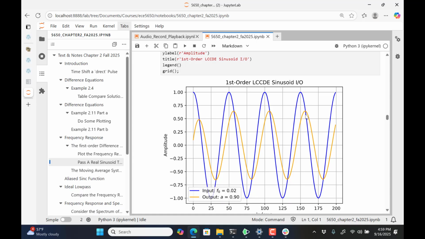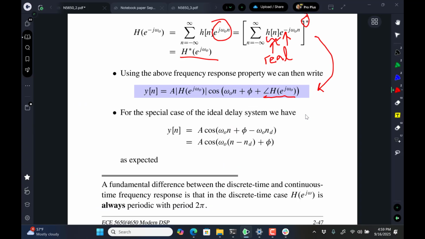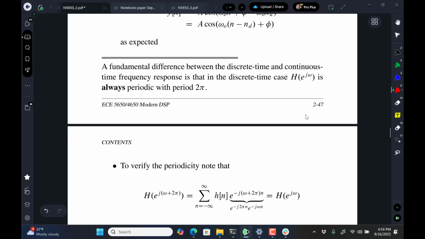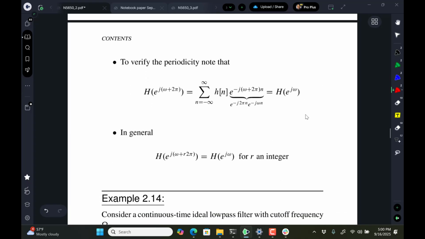It's, like I said, a fundamental concept. So here's where I make a comment about H of e to the j omega, always periodic with period 2 pi. What brings that home is when you see how you can take the exponent and replace omega by 2 pi, and then I can break that apart again and break out this piece.